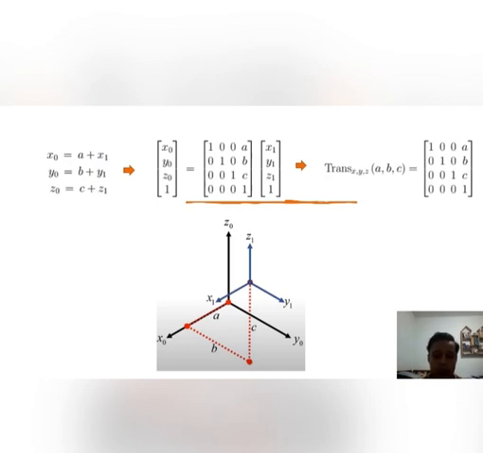However, in system 1 it has coordinate x1, and we also have the distance a, and if we observe here, the segment x0 is given by the sum of a plus x1. That will be the first result.